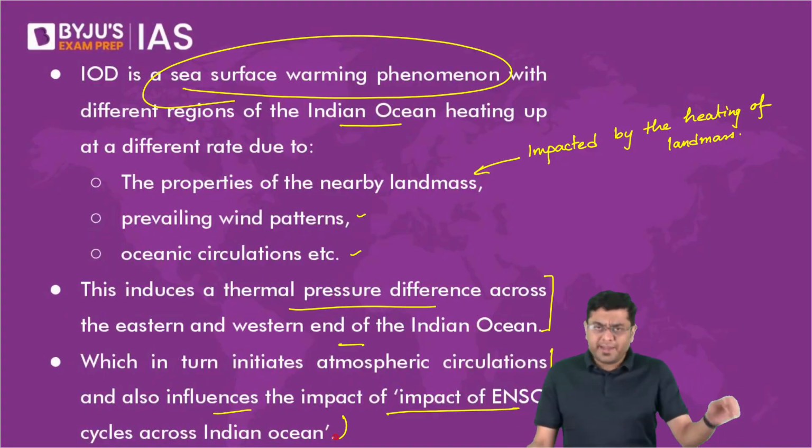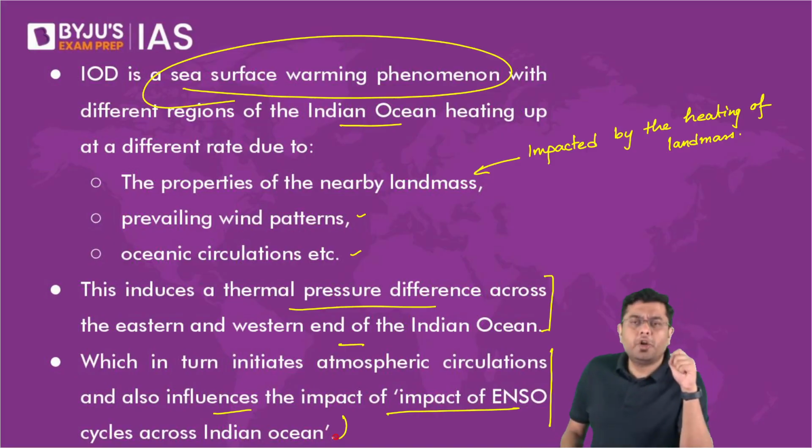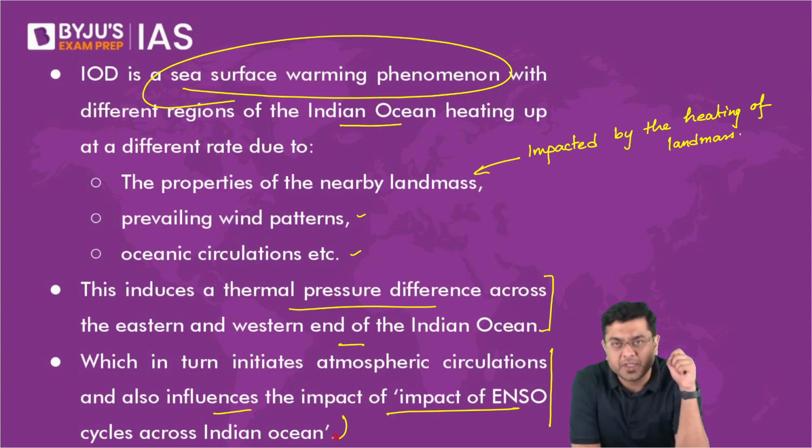This is a sea surface temperature which is measured on a daily basis. On a day-to-day basis, you measure what is going to be the sea surface temperature there. And whenever you have a difference in sea surface temperature up till a depth of around 50 meters, so whenever you have a surface temperature which differs by 0.2, 0.3, 0.4 degrees Celsius, that will create a thermal pressure difference, and that thermal pressure difference will induce a new circulation.